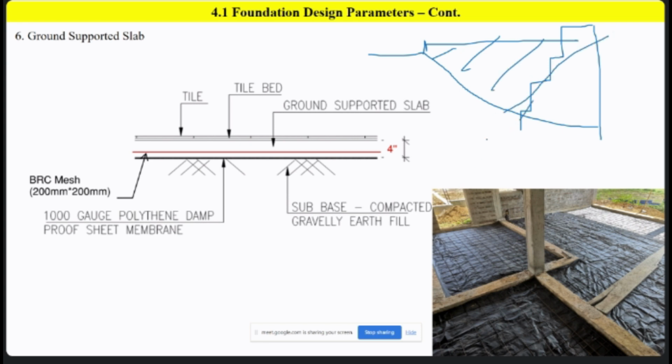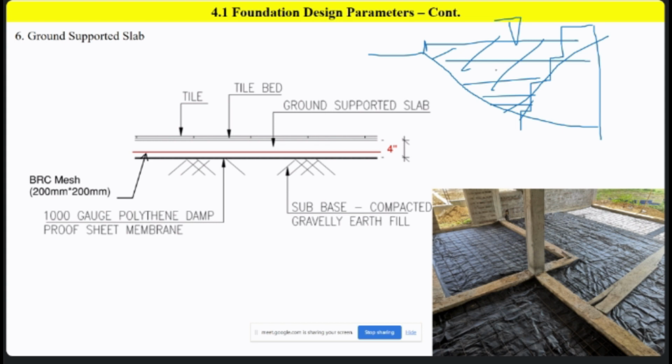Then you are doing this backfilling, layer compaction, and again at this top level you are checking the bearing, the field density test, and checking the degree of compaction, whether it is okay with 98%. Then you can assume this as compacted soil.